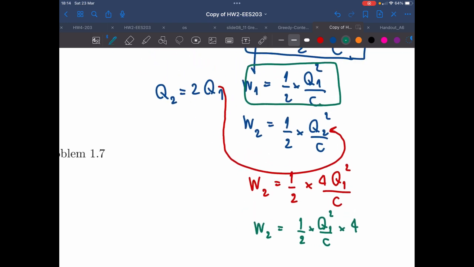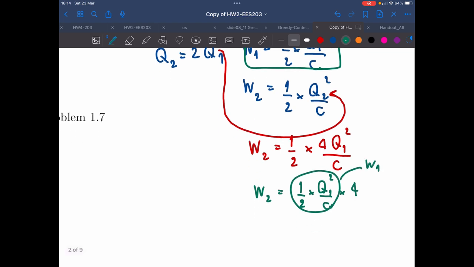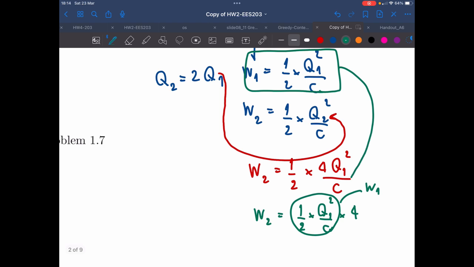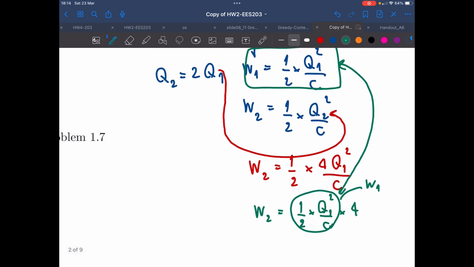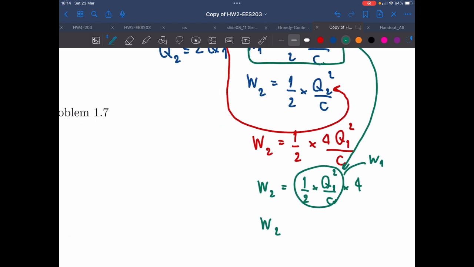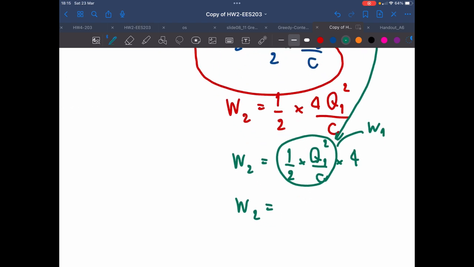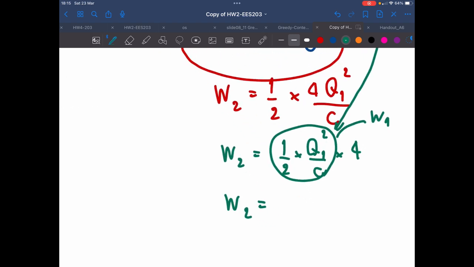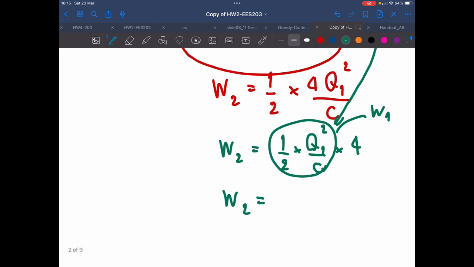We're going to represent it as W1 because you see that it is totally equal to one another. We're going to get the work energy stored in a capacitor, which is equal to work 1 times 4.